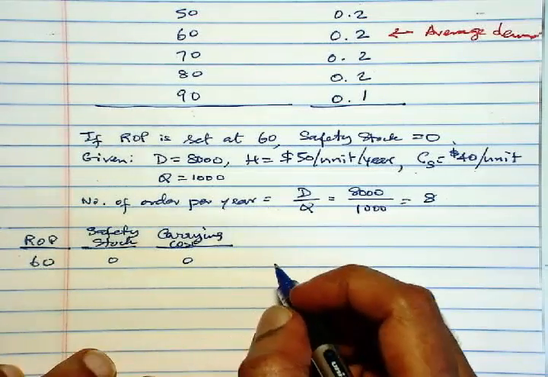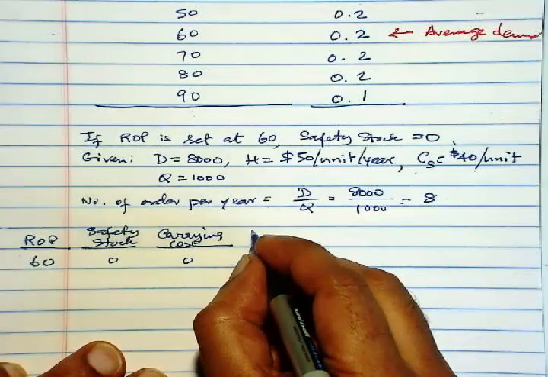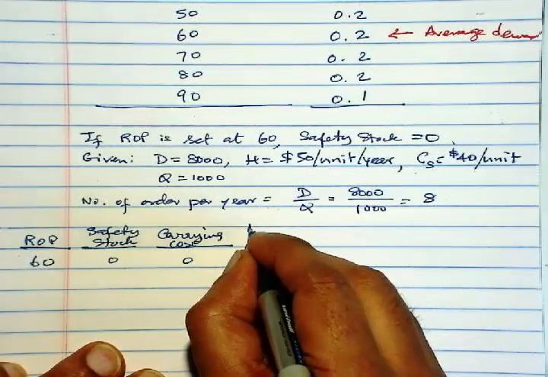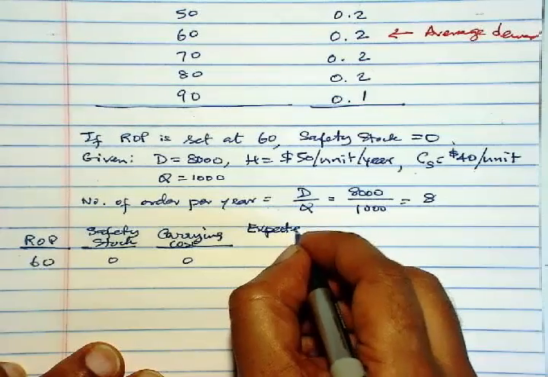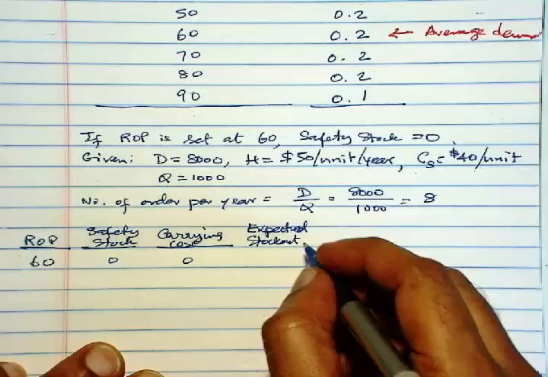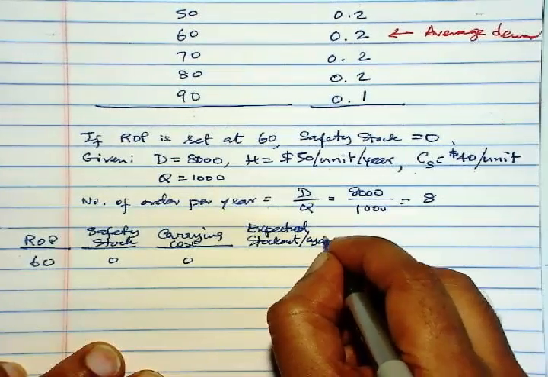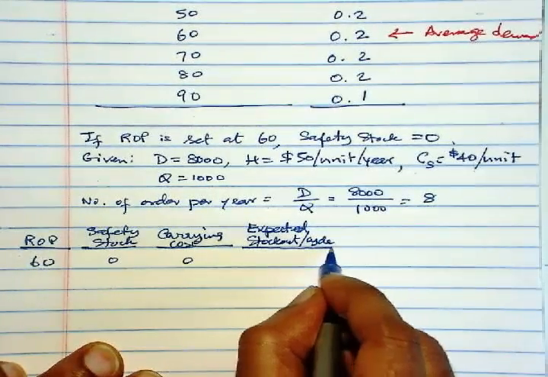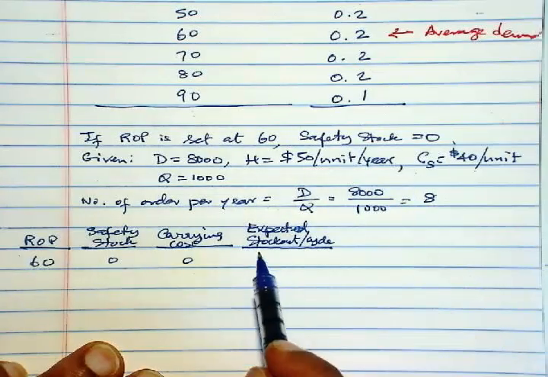So now let's look at expected stock out. Per cycle, for each order cycle. Every time we have to place an order, what is the expected stock out that we are facing?